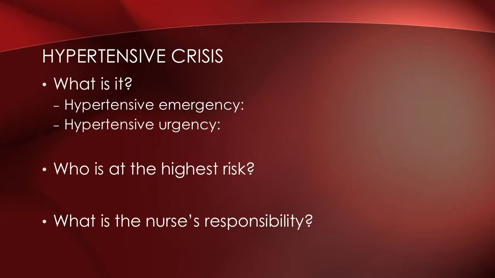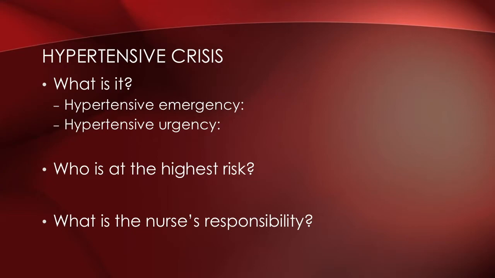So the MAP lowering goal for hypertensive emergency is 20 to 25% within the first hour of treatment. Depending on the physician and the patient, usually you're going to get a goal pressure, for example 160 over 100 for the first 6 hours, and then gradually decreasing over a number of days.